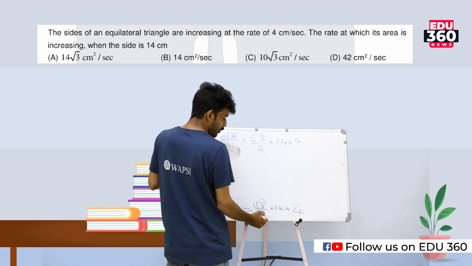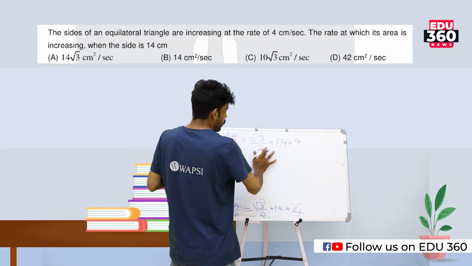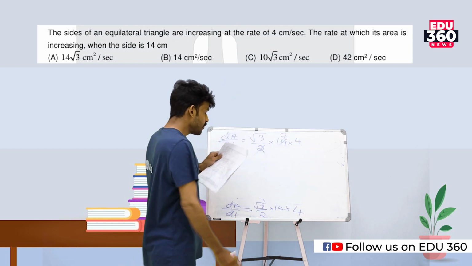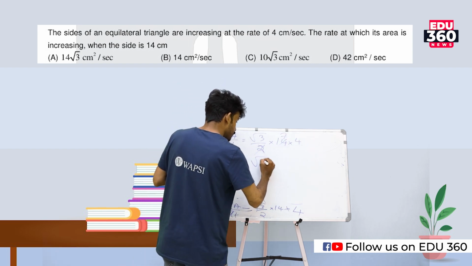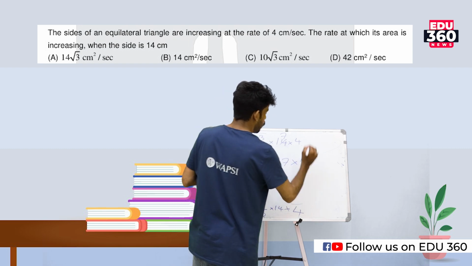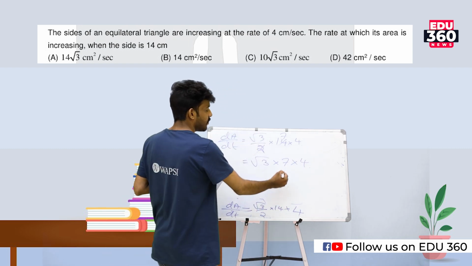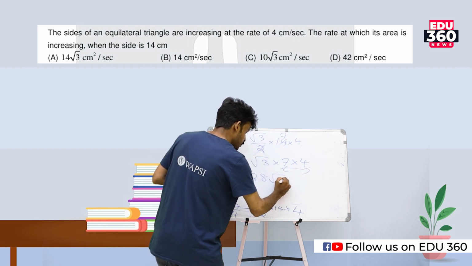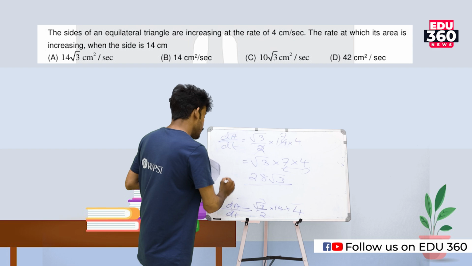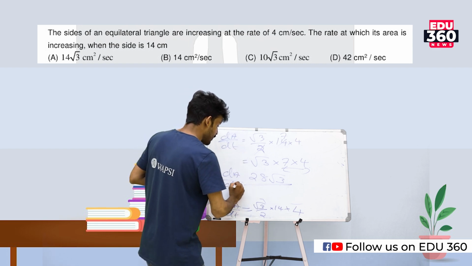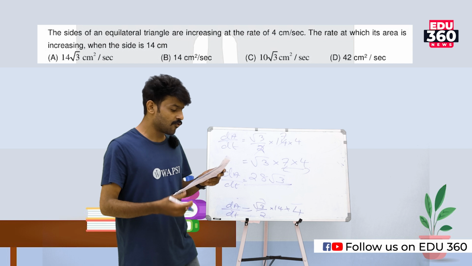So 2 and 14 cancel, and it becomes 7. In the next step, root 3 into 7 into 4, so the answer is 7 into 4, that is 28. So 28 root 3 is the correct answer. That means dA by dt is equal to 28 root 3.